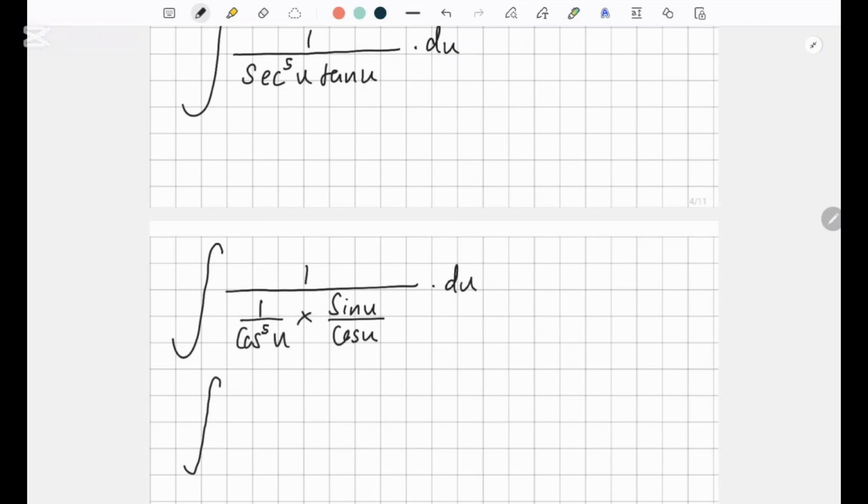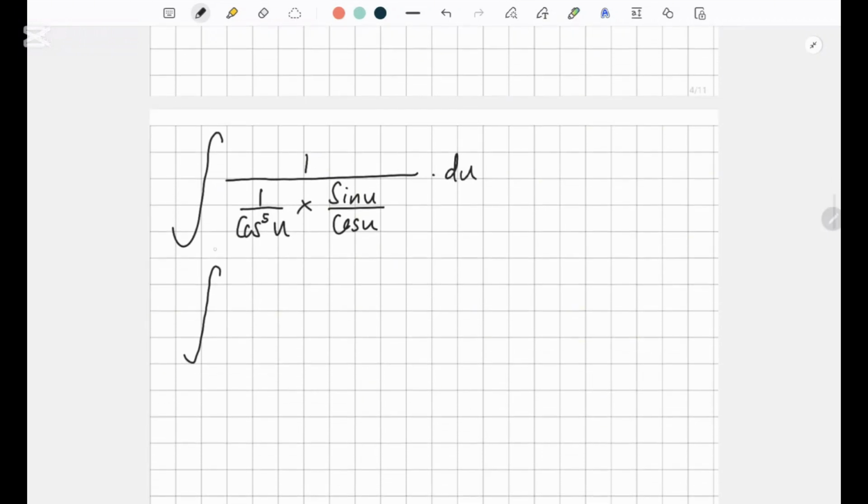I by mistake wrote 6. I'm sorry about that. So this is the fraction you get. Now this fraction will end up as cos u to the power 6 over sin u, because if I multiply these two together, I get cos u to the power 6. That goes to your numerator, and sin u remains at your denominator, right?